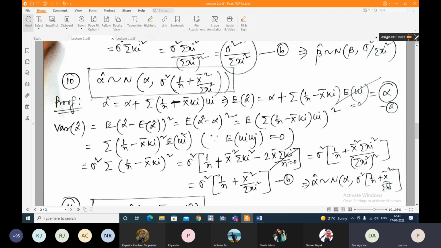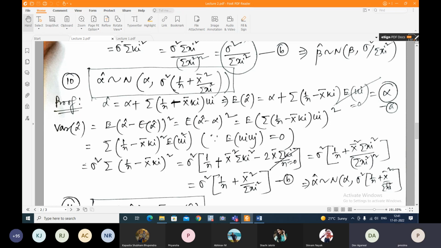So we are getting alpha hat as normally distributed with mean alpha and variance sigma square into 1 by n plus capital X bar square divided by summation of small xi square.